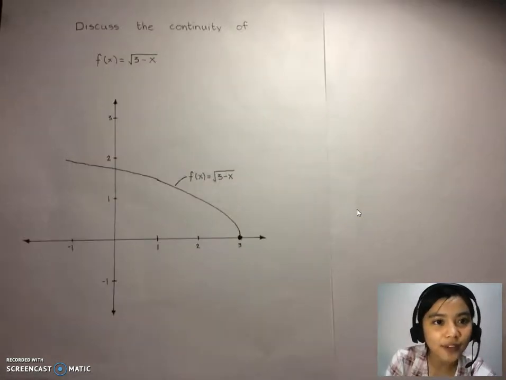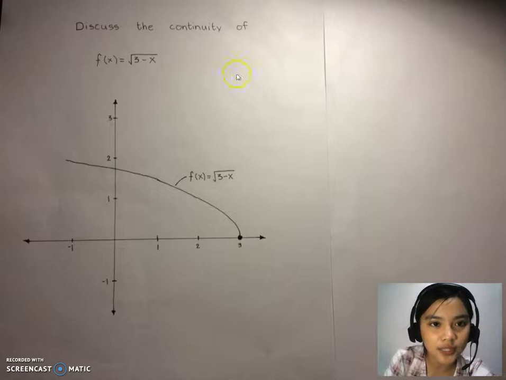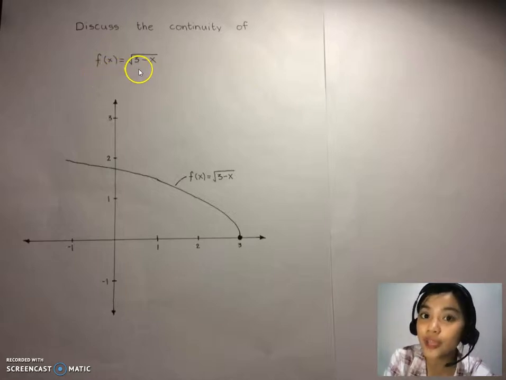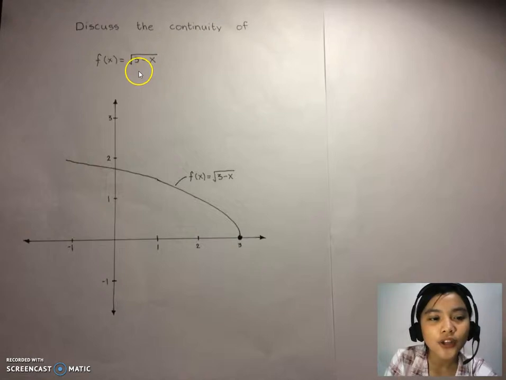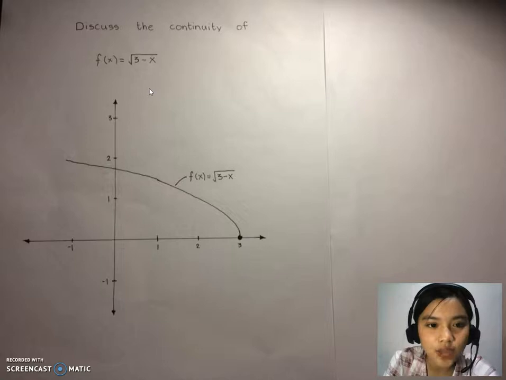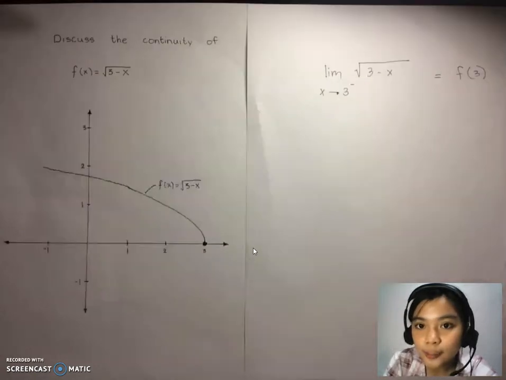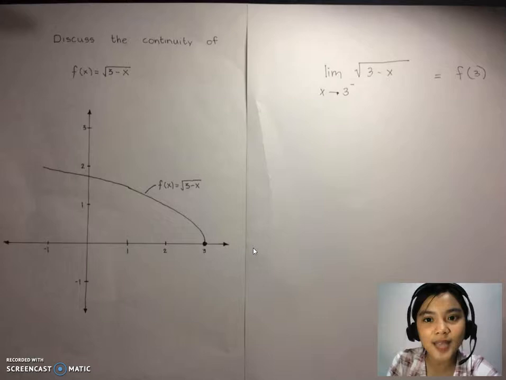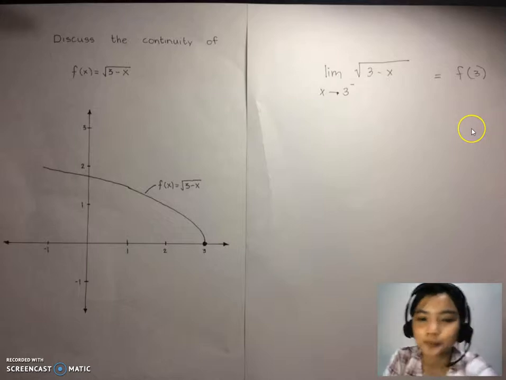We have here to discuss the continuity of f of x equal to the square root of 3 minus x. Notice that f is continuous from the left at x equal to 3 because the limit of the square root of 3 minus x as x approaches 3 from the left is equal to f of 3.